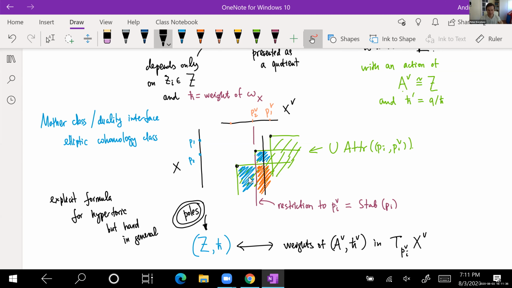We think it should work for other types, but so far we have an explicit formula for type A. Basically you have some K-theory classes for X, K-theory classes for X check, and there is some combinatorial construction, which uses the dual interval system.